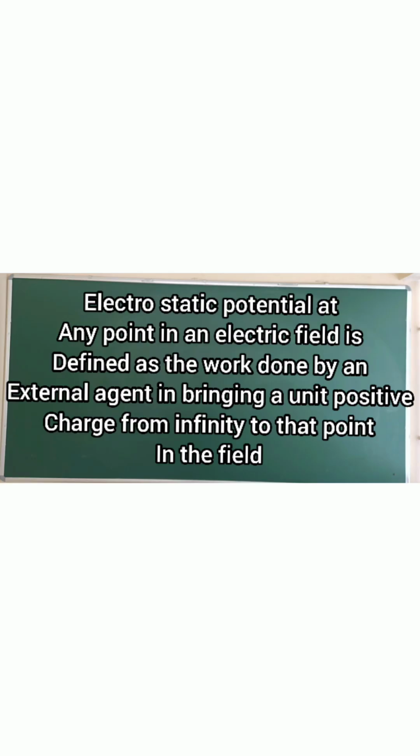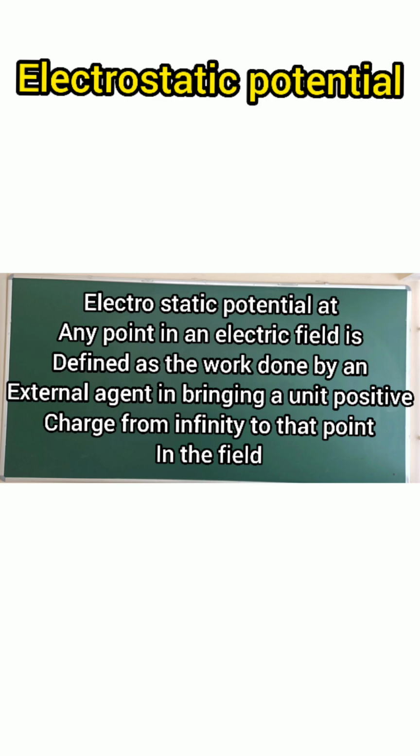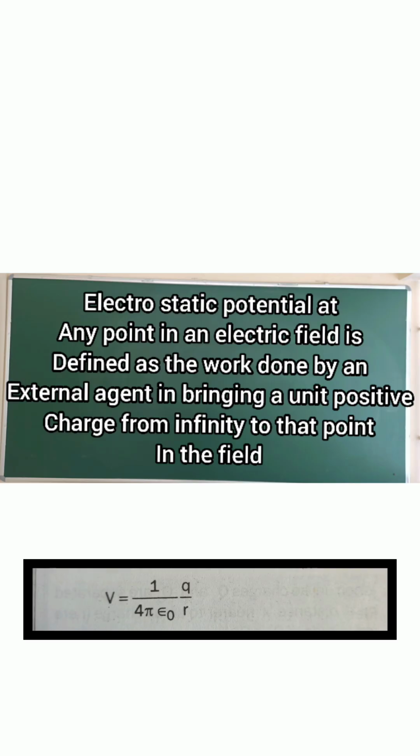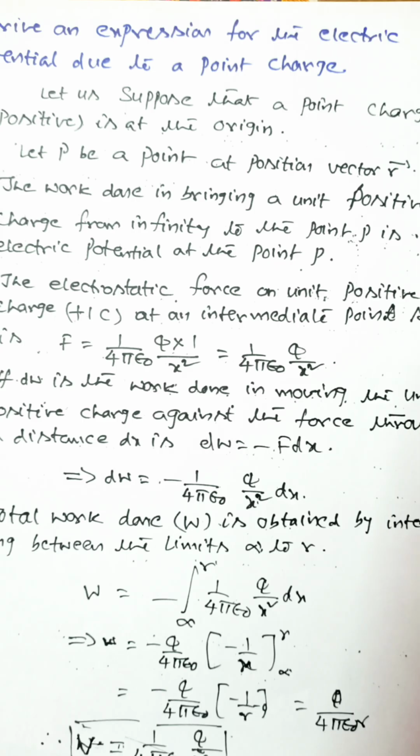Electrostatic potential at any point in an electric field is defined as the work done by an external agent in bringing a unit positive charge from infinity to that point in the field. It can be formulated as V is equal to 1 by 4 pi epsilon naught into Q by R, whose derivation is given as follows.